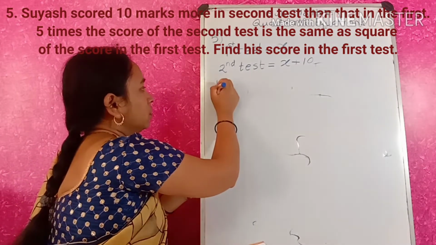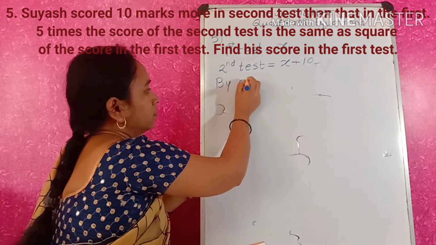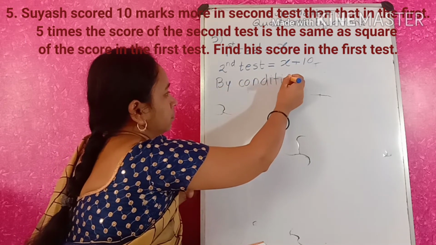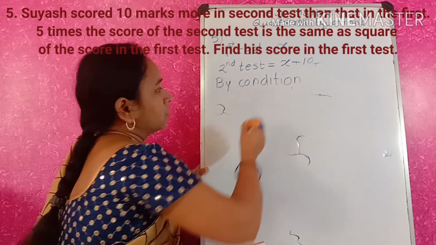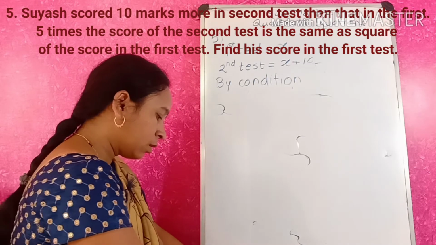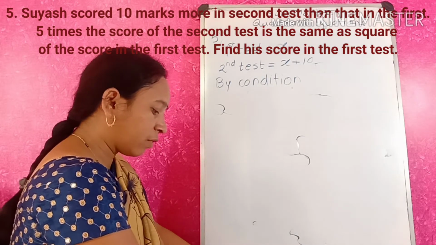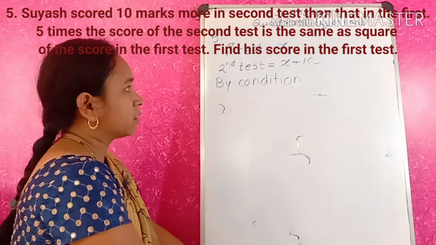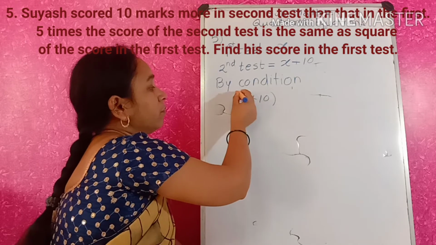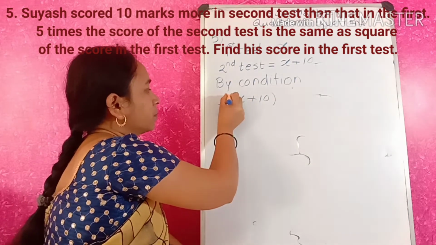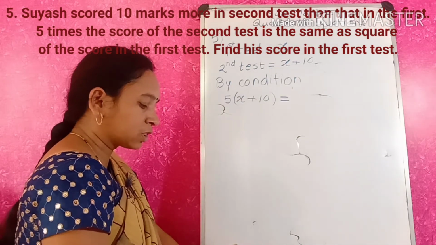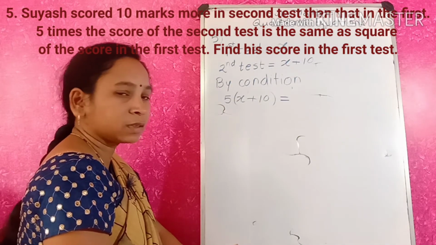Now what is the condition? They have said 5 times the score of the second test. What is the second test? X plus 10. And 5 times of it, means multiply this by 5, is the same as the square of the score in the first test.